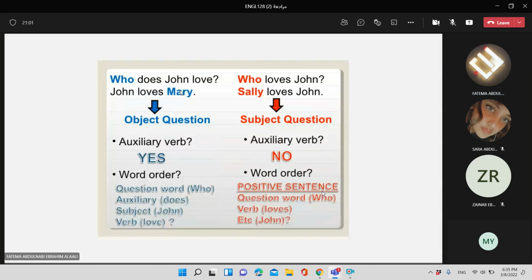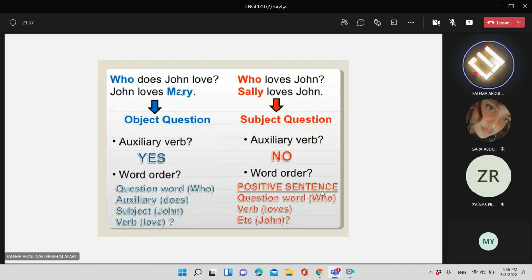Another thing, if the sentence was in the past, like when I say John loved Mary, and we're using did, again, who did John love? We're not using loved again, because did indicates time in the past, right, Sarah? So the verb we should put in the present.